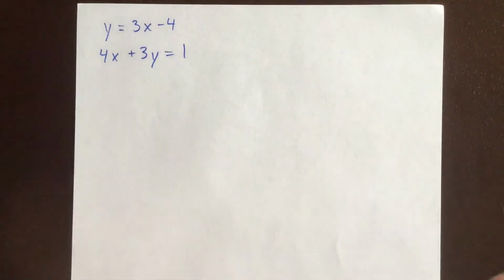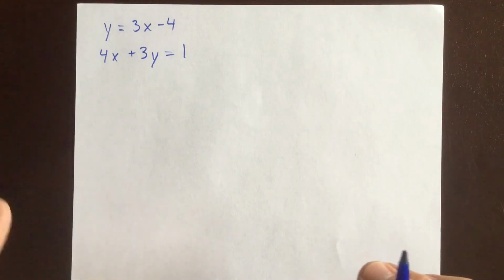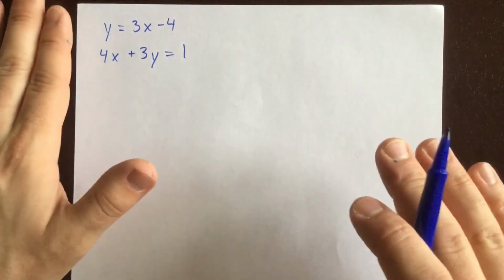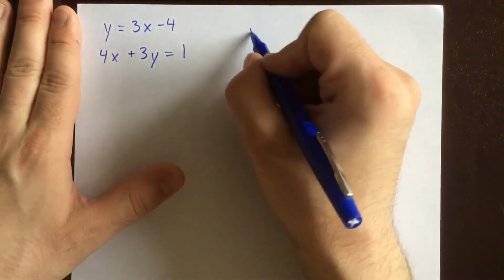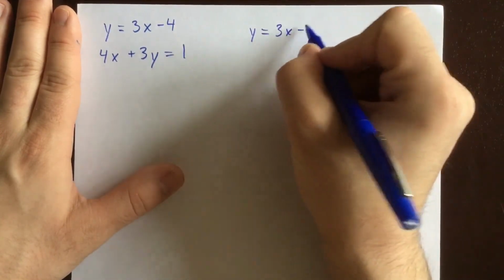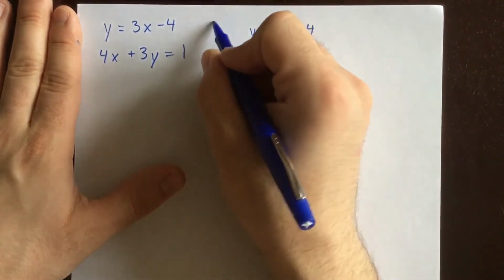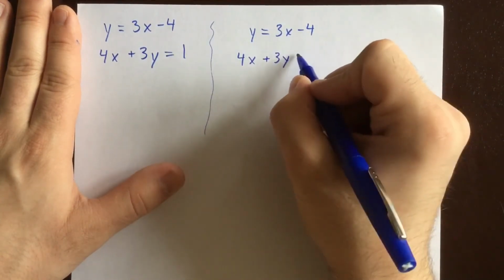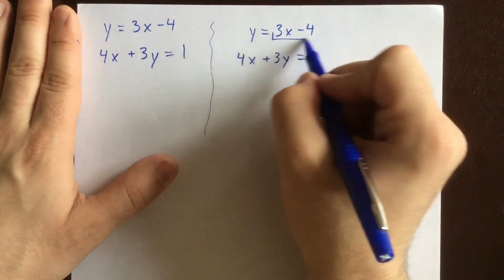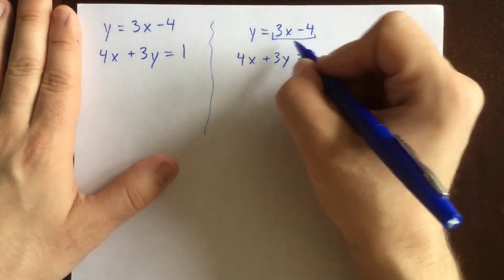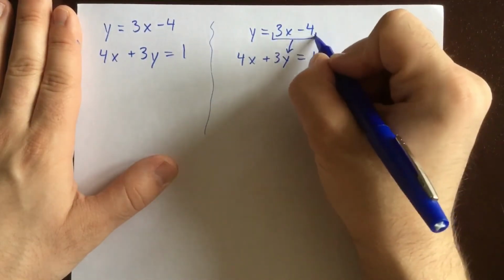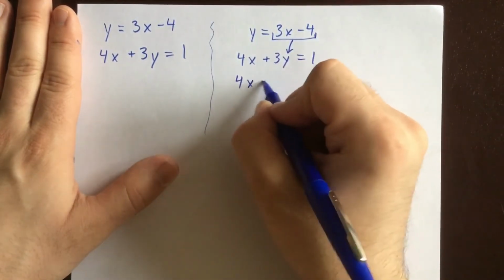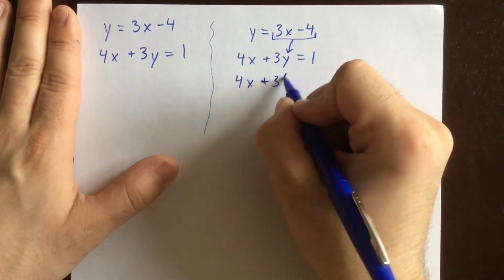If you need to go back, do so and watch the first two examples. So we have this system. Having y equals, I'm going to replace y with 3x minus 4, which would make my equation look like this.